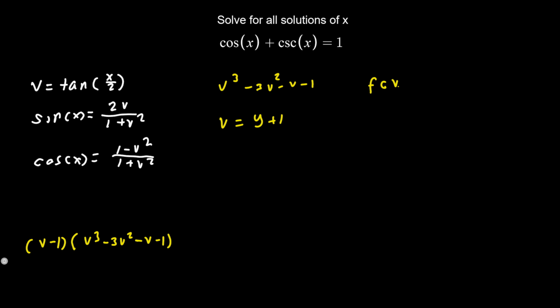So we have f of 1, and that is going to be equal to negative 4, because 1, negative 3, minus 1, minus 1, the 1's cancel out, leaving negative 4. And the derivative f prime of 1 is going to be 3v squared minus 6v minus 1, which is just 3 minus 6 minus 1, which is negative 4 as well.